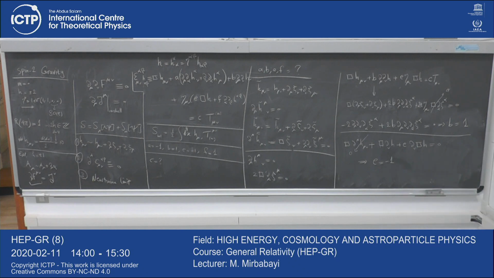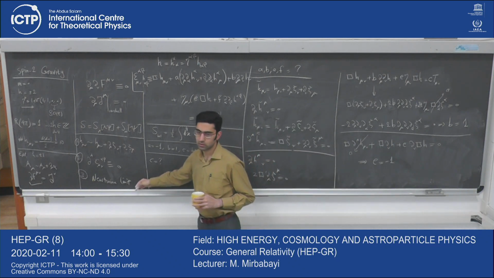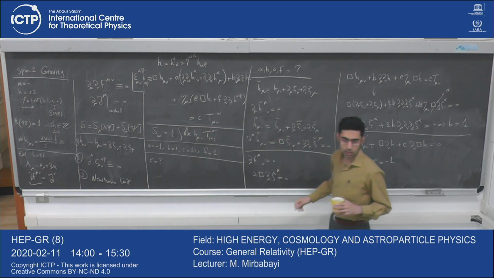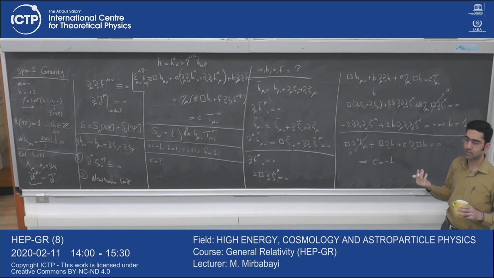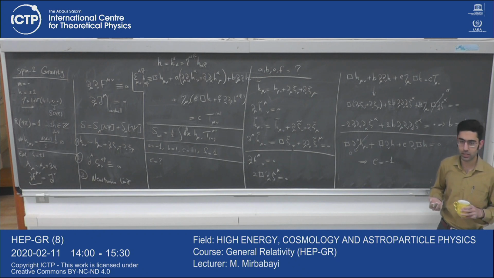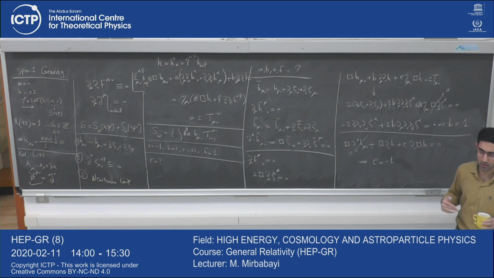Obviously, G Newton has to enter there, and there should be some physical requirement to fix it, which is the Newtonian limit. So to see that, we should first understand how to relate this h mu nu to the Newtonian gravitational potential in the Newtonian limit.